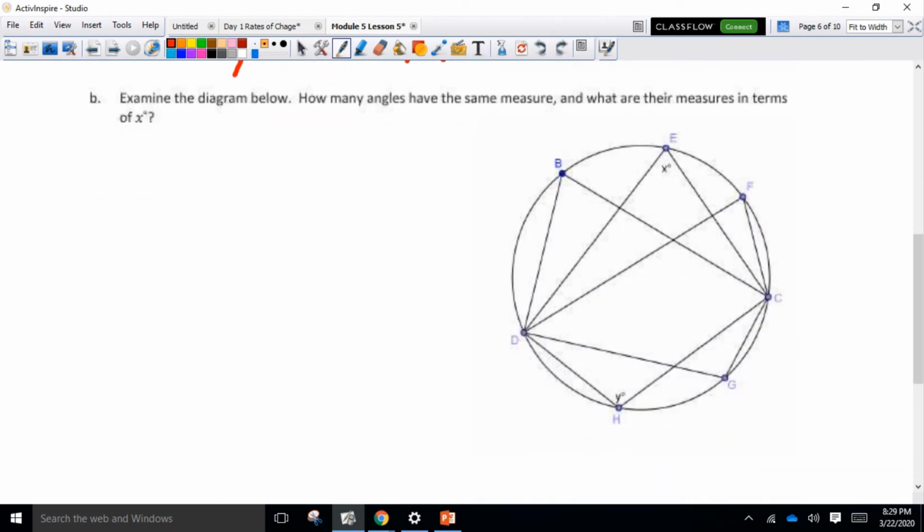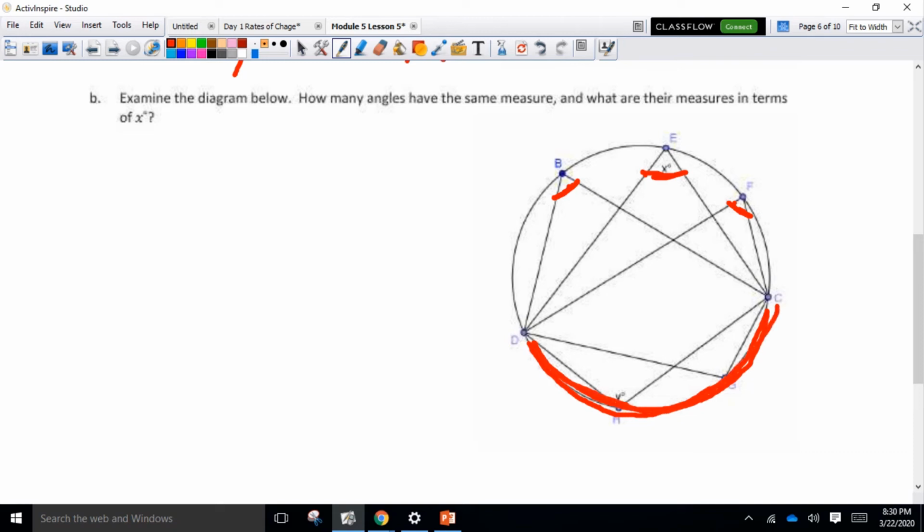Okay, how many angles have the same measure, and what are their measures in terms of x? There's lots of angles that have the same measure in this diagram. So we're just going to do the inscribed angles that have the same measure. This inscribed angle, B, this inscribed angle, E, this inscribed angle, F, all create the same arc.